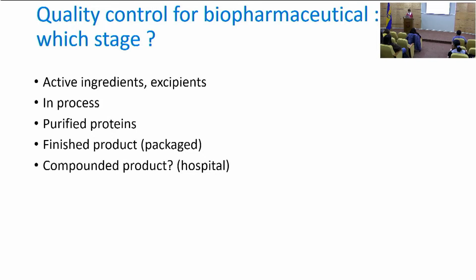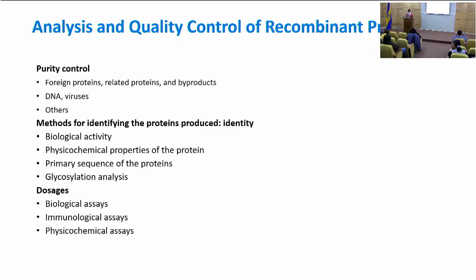I have already talked about that. If you go deeper into the quality control issue, what is important, as I said, is that purity control has to be performed, for many reasons. For instance, for recombinant proteins, once the proteins are produced, you can have foreign proteins in your media. You remember what I told you yesterday. When you produce proteins in CHO cells, that will provide the desired proteins, for instance, a monoclonal antibody.